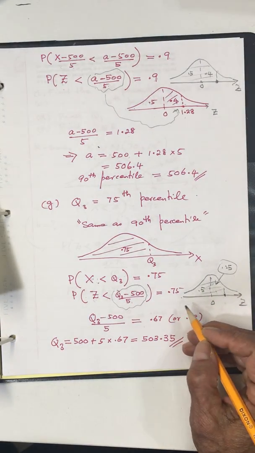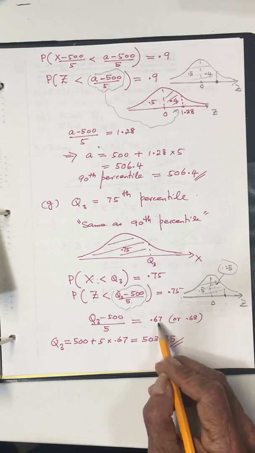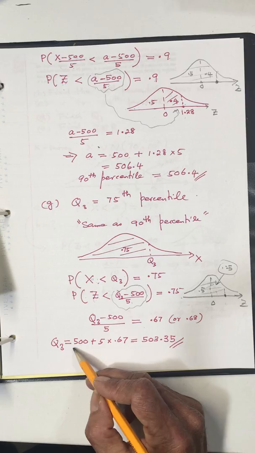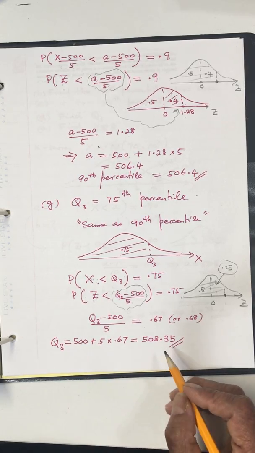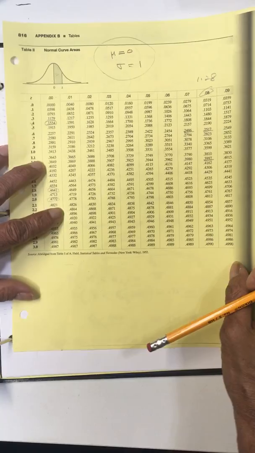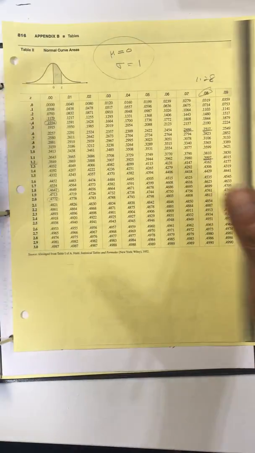So 0.67, and the Q3 is going to be 503.35.